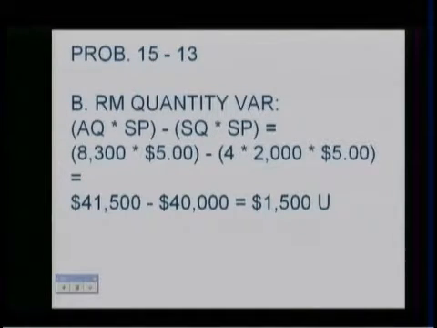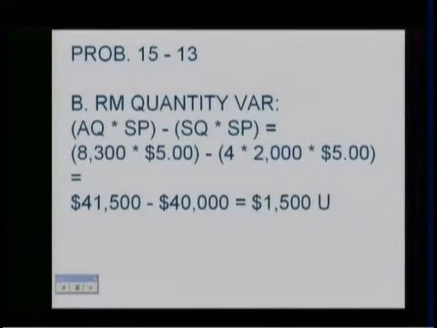And to find out the standard quantity we should have used, we have to refer back to the purple material and know that it takes 4 pounds for each unit that we're making. And we're making 2,000 cases. So we should have used 8,000 pounds of this stuff at $5 a piece.